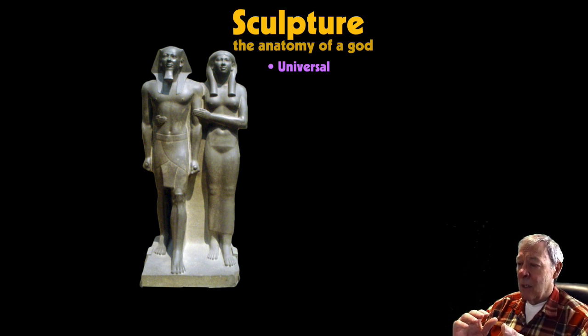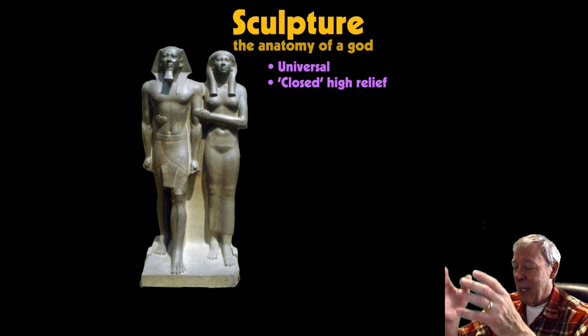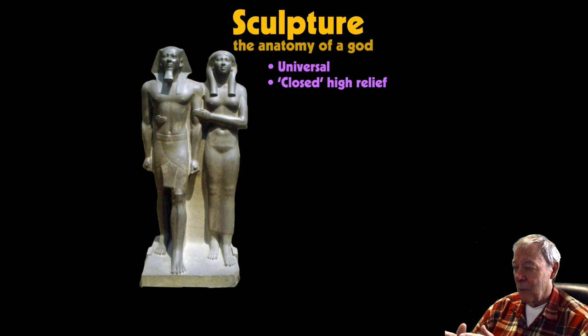As I mentioned, the sculpture is considered to be high relief, but it's a closed high relief. In other words, it's almost like freestanding sculpture, except for the fact that it is attached to a block of stone. Therefore, it isn't truly freestanding in the sense of a Greek statue standing upon a pedestal outside of a temple.